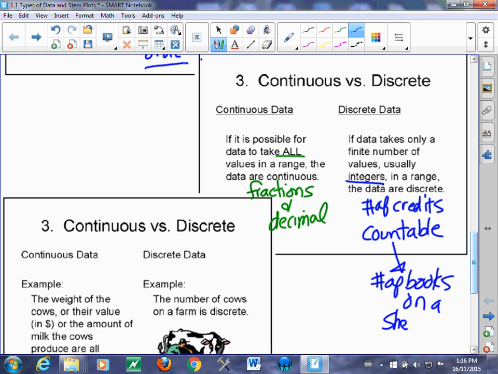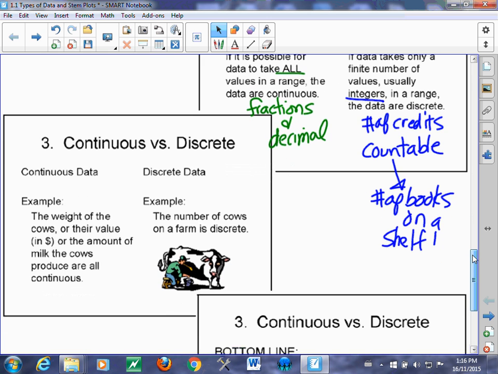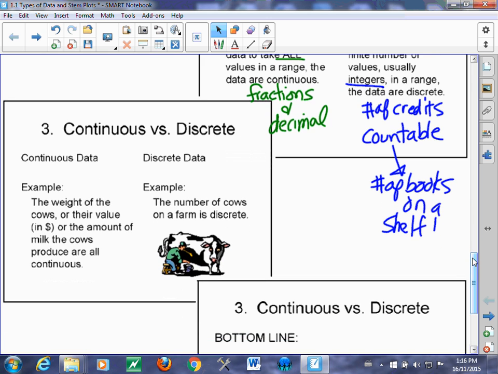Just think, you can't have 12.8 books on a shelf, whereas you could have run 12.4 meters or something like that. So let's take a look here a bit more at continuous and discrete. Here are some examples.